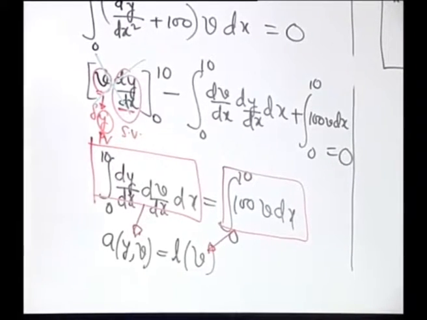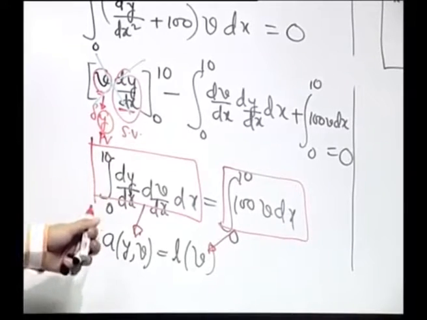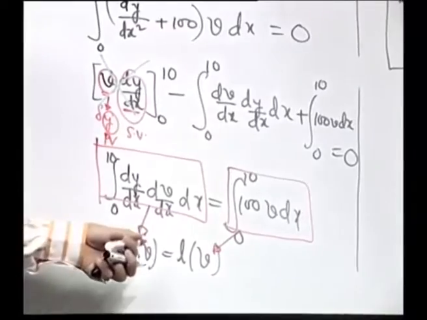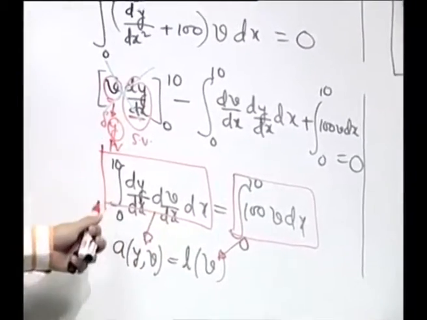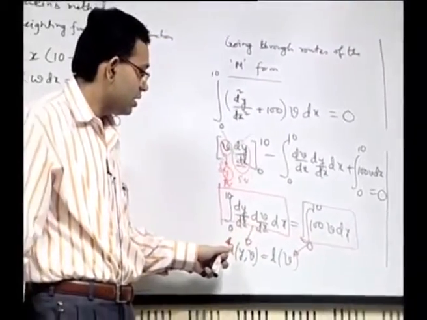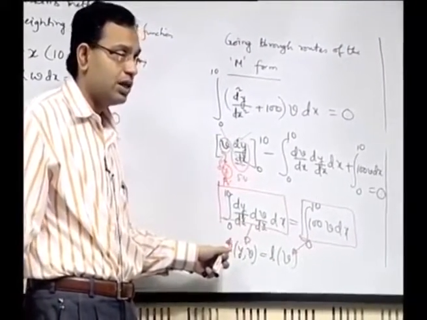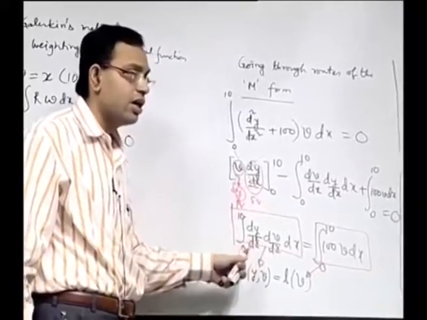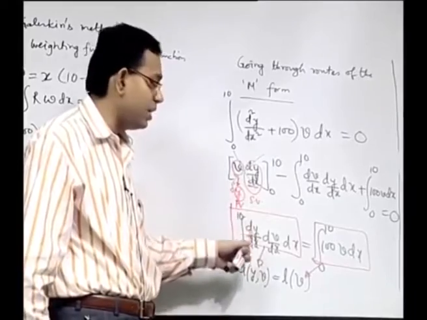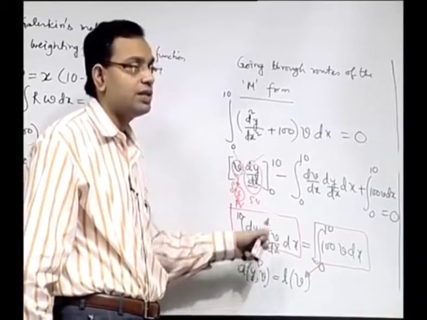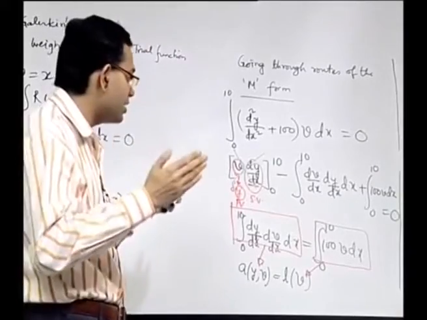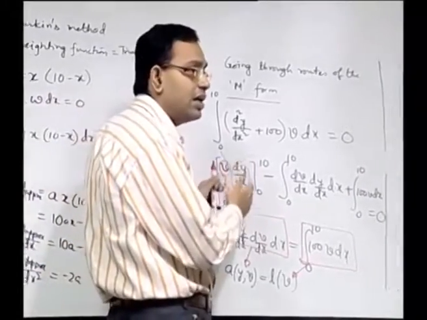What are the requirements that these are satisfying? These are continuous functions. Not only that, a(y, v) equals a(v, y). So, A is symmetric and A is bilinear, because in place of y if you substitute alpha 1 y plus alpha 2 v, and in place of v you substitute beta 1 y plus beta 2 v, then you can expand it in the form of functions which are individually linear in each slot.